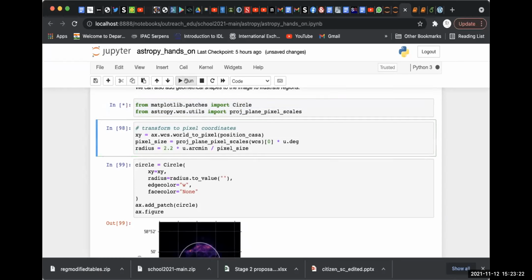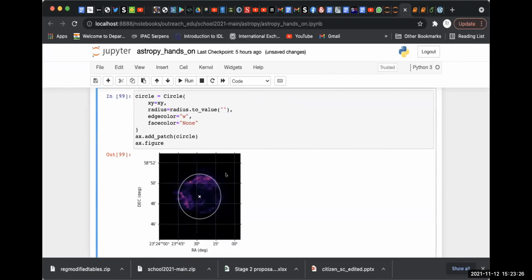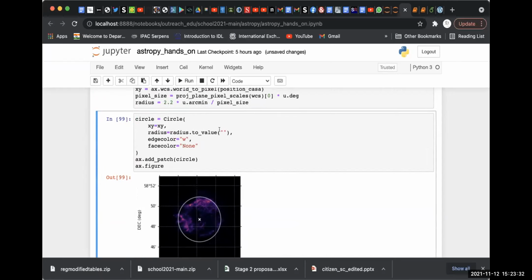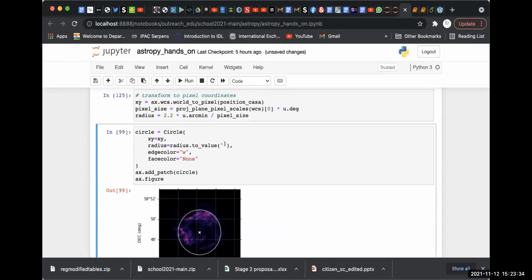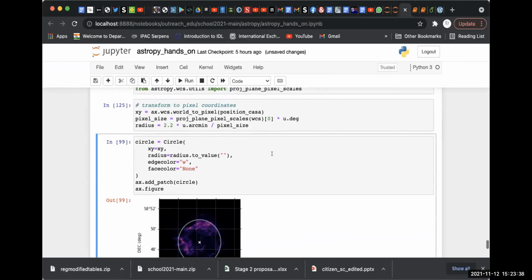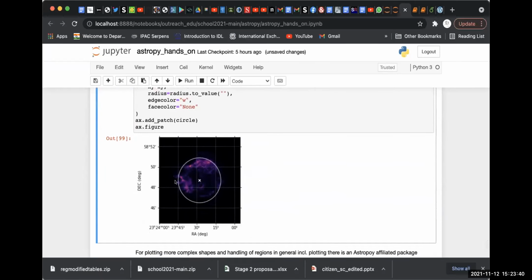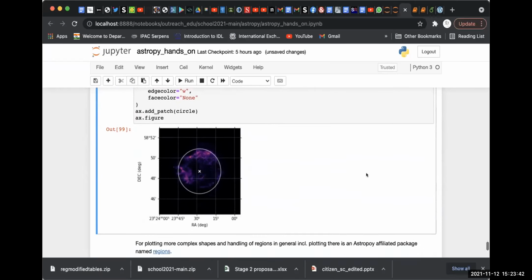You can run this, you'll get the circle. This part is there in your Python notebook, okay? So don't worry about the code, but essentially you are defining a circle which has a radius of some value, which has the edge color of white, and you're putting this. So with this, you can mark this object in your image, right?